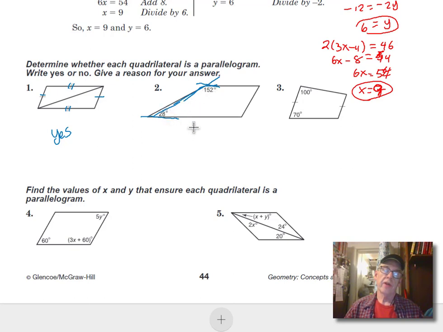These do add to 180 degrees, which lets us know that since these are same side interior angles and supplementary, that these lines must be parallel, but it doesn't say anything about these lines being parallel. They don't look parallel, we can assume, but also there's no evidence that these are parallel. So we can say that it's not a parallelogram. Not enough info.